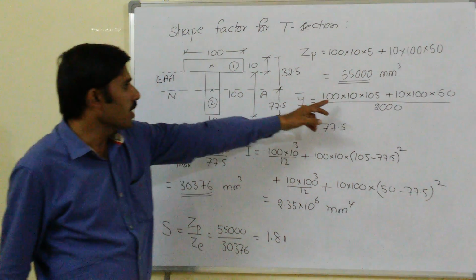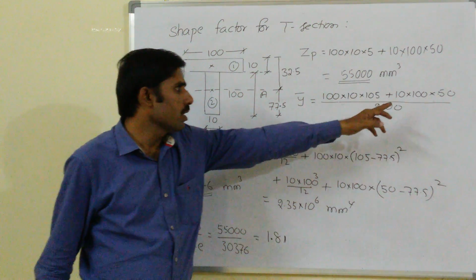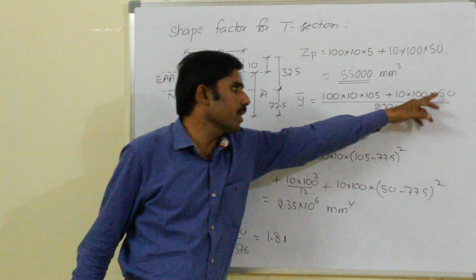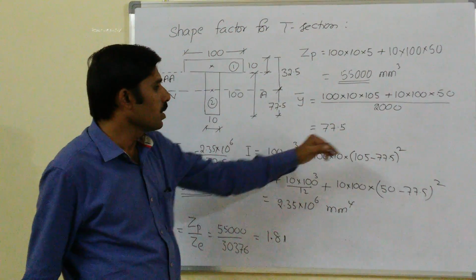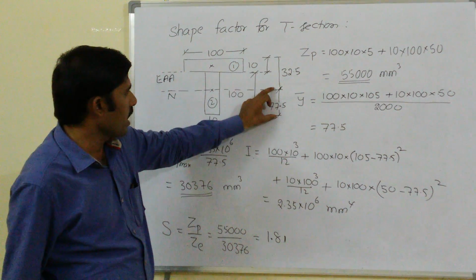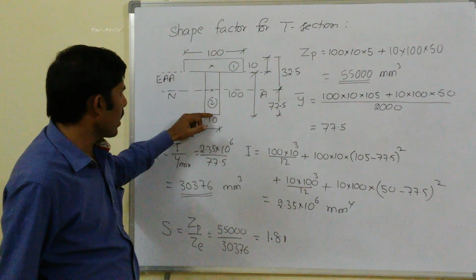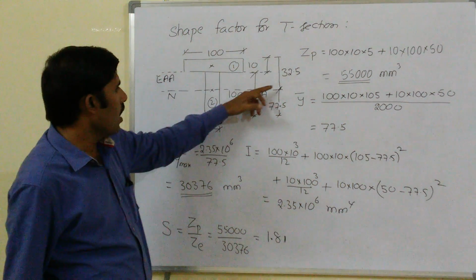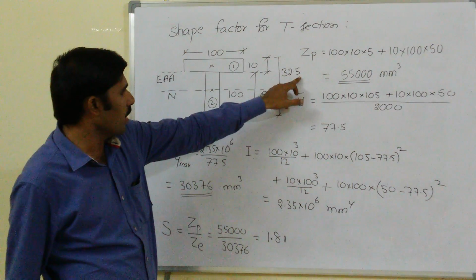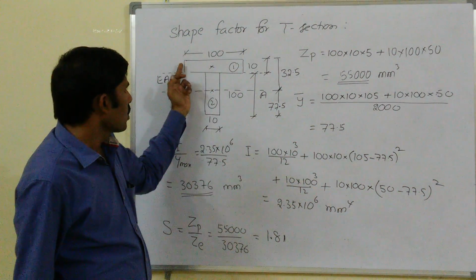For that, area 1 100 into 10, Y1 105, area 2 10 into 100, Y2 50, that is 100 by 2, by total area 2000, that is Y bar. So that is 77.5. That means centroid is 77.5 mm from base, and total is 110, that's why this is 32.5.